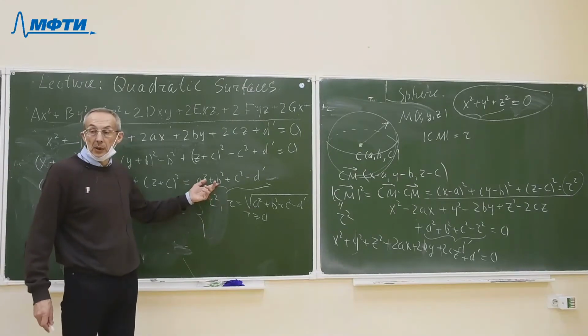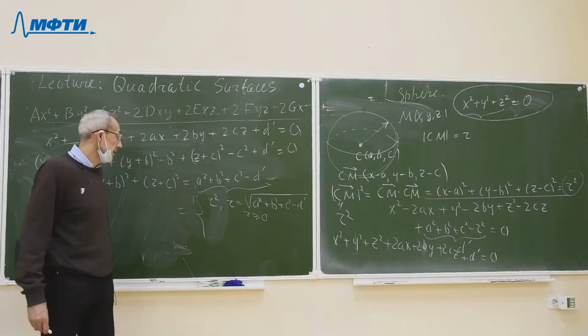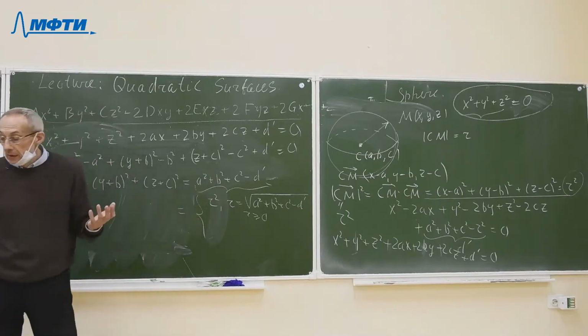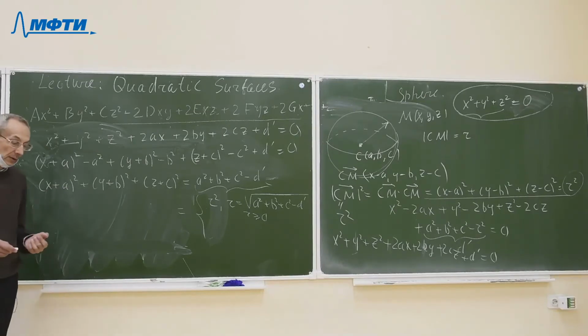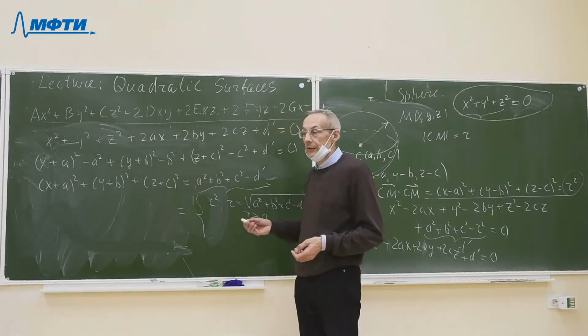If this term is equal to 0, we obtain a one-point set. And if this term is negative, we obtain the empty set. In this case, the empty set is called an imaginary sphere. In the complex vector space, we obtain a sphere but with imaginary coordinates, and in the real world it is an empty set.